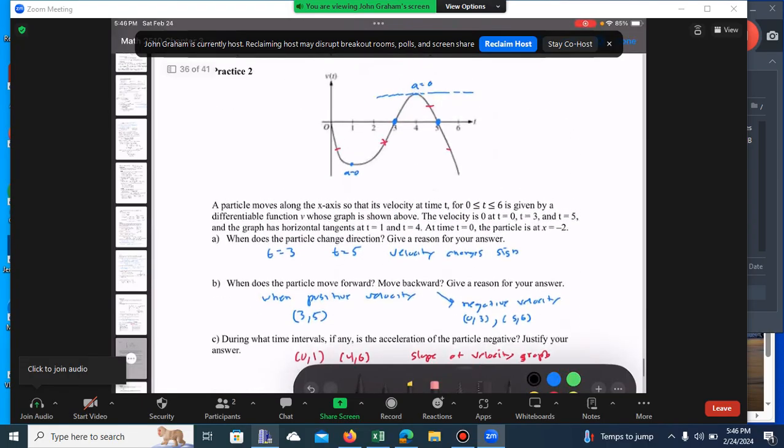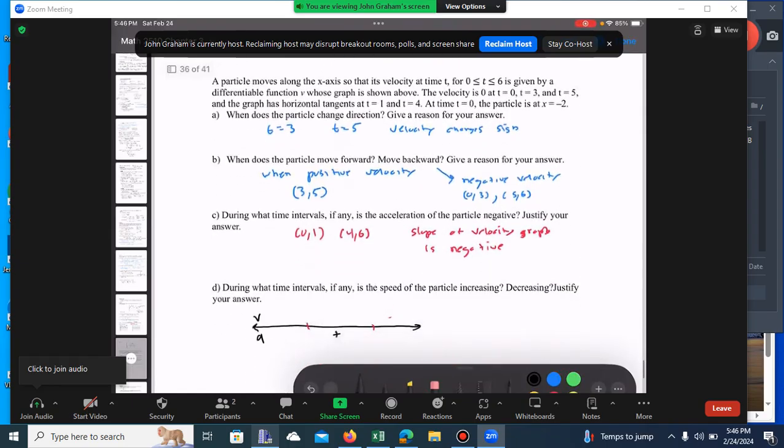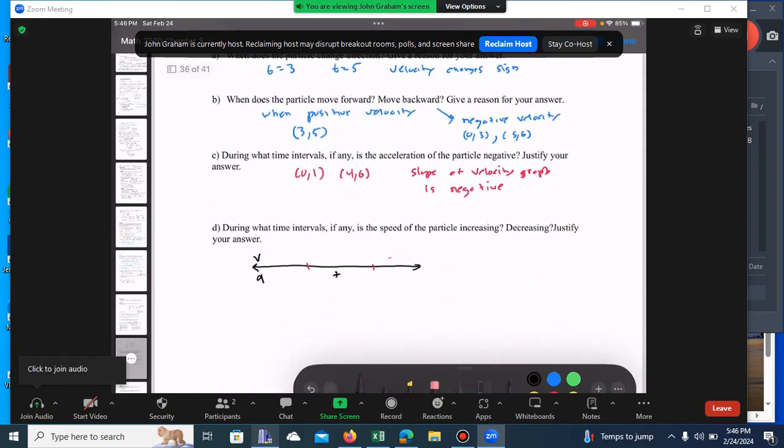Acceleration is negative between 0 and 1 and between 4 and 6.